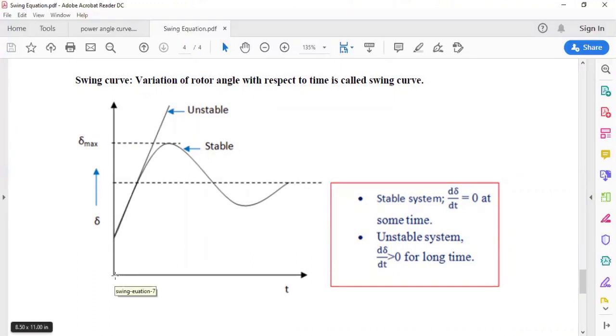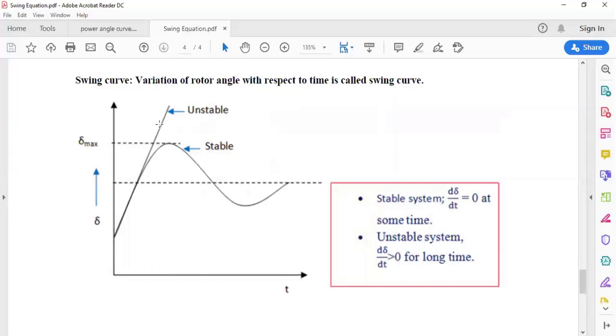Now when time passes, if delta keeps increasing, the system becomes unstable. Similarly, here you see, delta increases up to this time, but after that, as time increases, delta is reducing, meaning the system will be stable after some time.